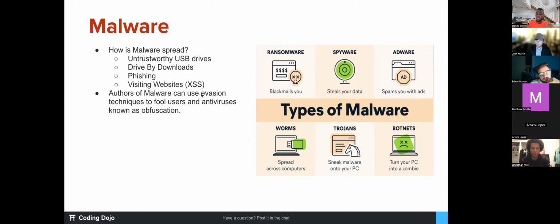Certain websites will even ask you to allow notifications, allow this, allow that. And once you keep allowing, they ask you to allow the download, you click on it, and then you've downloaded something you're not supposed to download. So we have our ransomware here.